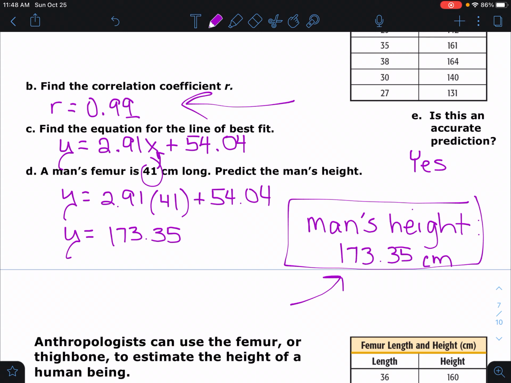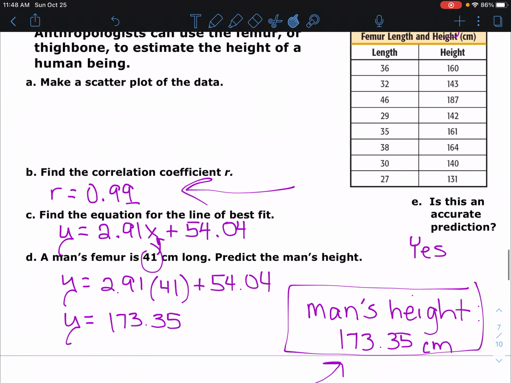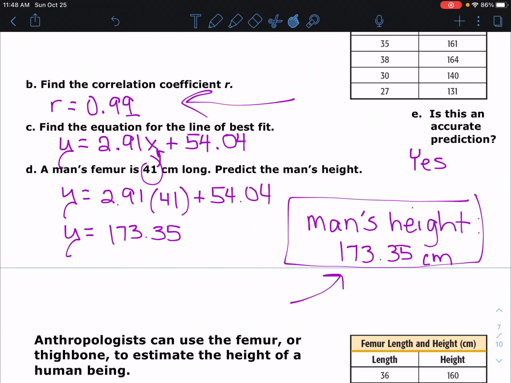Sometimes linear models only work for certain segments. So yes, this answer, 173.35, does make sense in the context here. If I look at 40 and 41, it looks like it fits in that table fairly well. So I want to look at those two things to see if it's an accurate prediction. Otherwise, it's not good data to use.